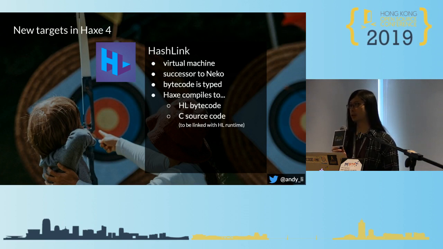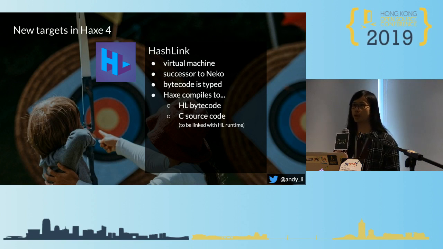Actually, I heard the performance is not that different between the two. It's mostly that when you use bytecode, it's easier to iterate during the development process, because the C compiler is kind of slow compared to the Haxe compiler. But some deployment targets do not allow you to use a VM.